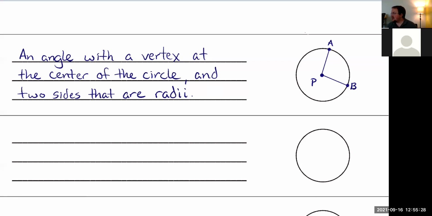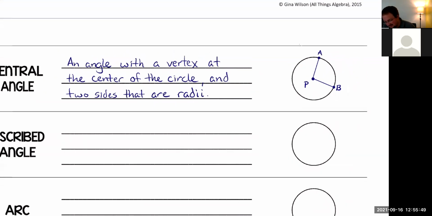P is the vertex of that angle, which is also the center of the circle. And what we essentially create is an angle that is inscribed, so to speak, in that circle centered at the center. That's a weird definition. The definition I wrote is far better than what I said.